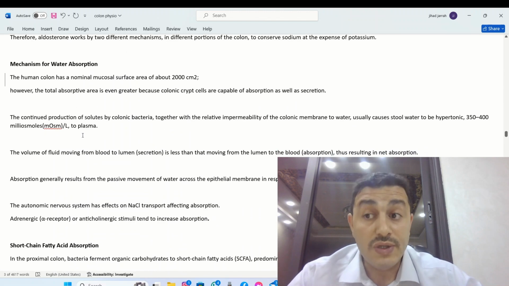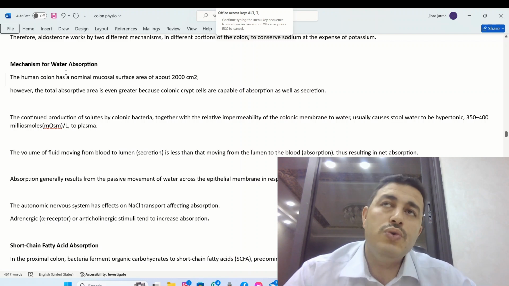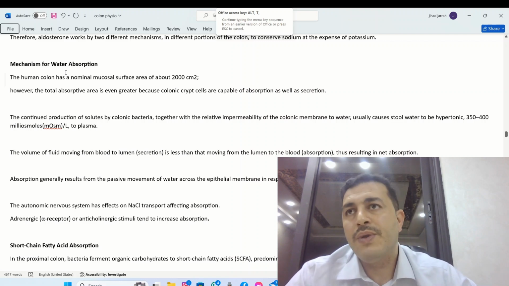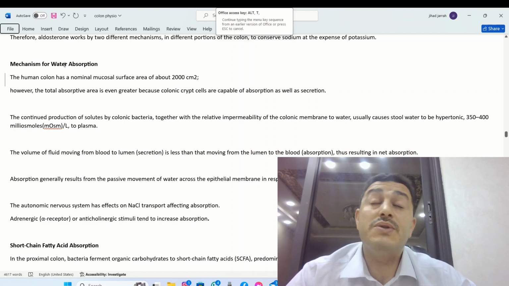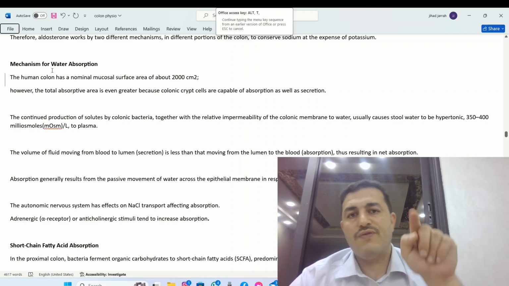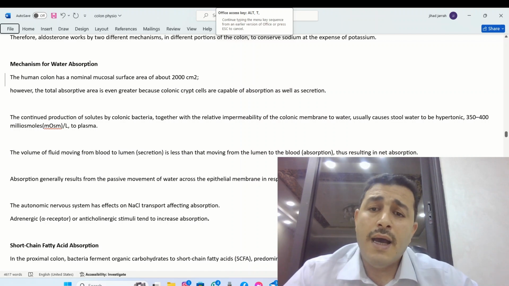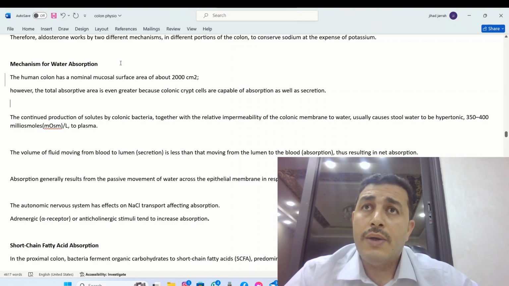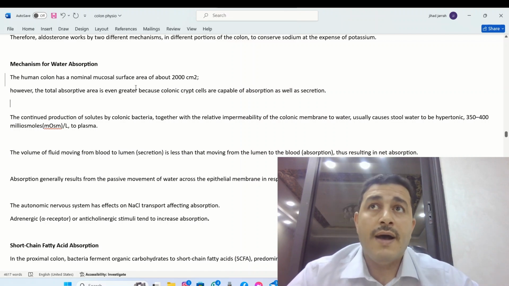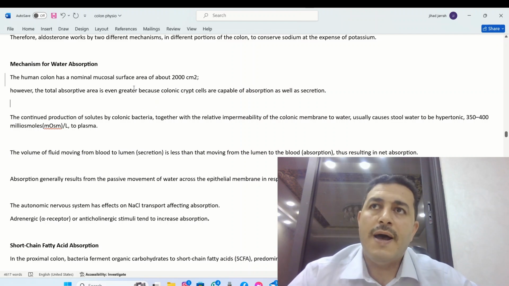Okay, water. You can imagine that we have about 2 meters of surface area in the colon, and the absorptive surface area is larger. This is because of the crypts. We said that it follows the osmotic and hydrostatic pressure.